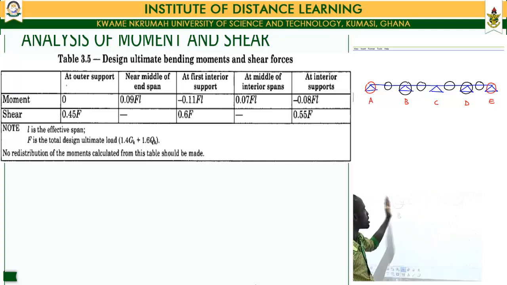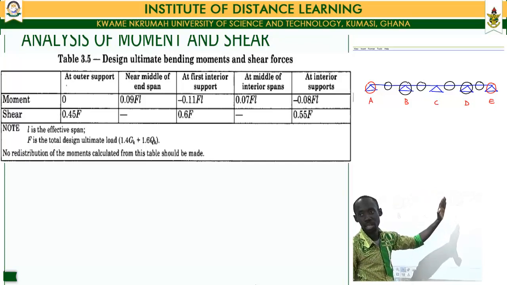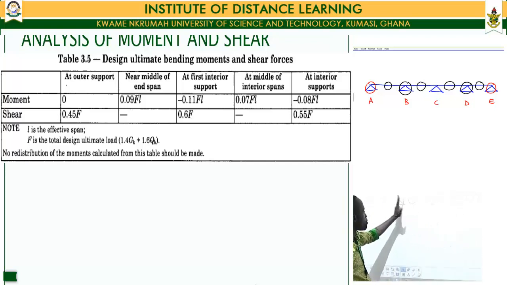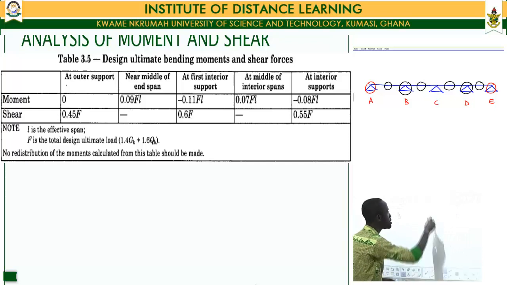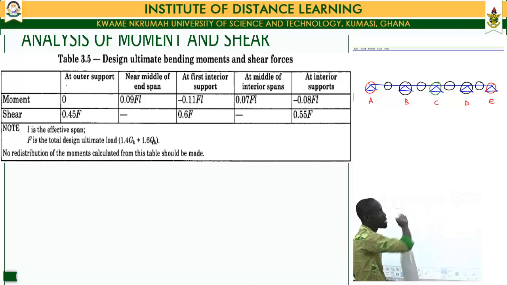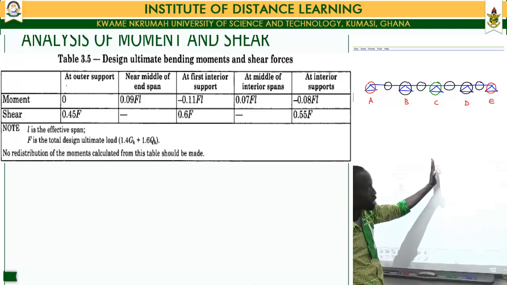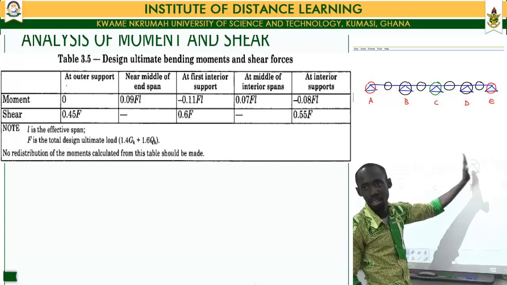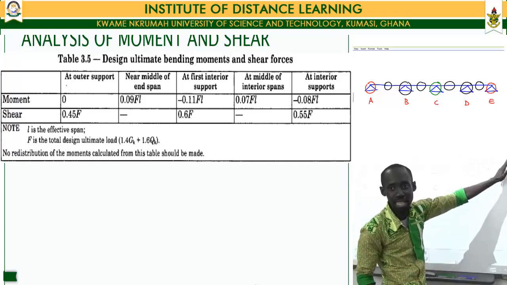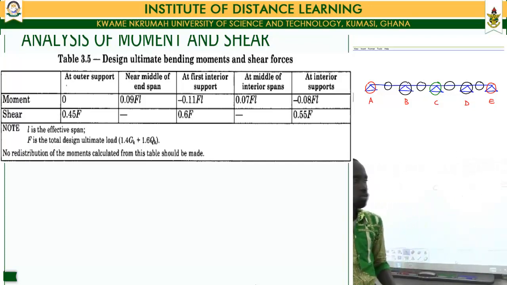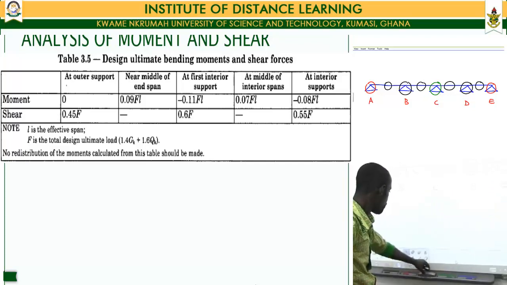In our scenario, our interior support becomes our support at point C. So starting from A is an outer support, B is a first interior support, and C is an interior support. D is a first interior support, and our support E becomes our outer support.